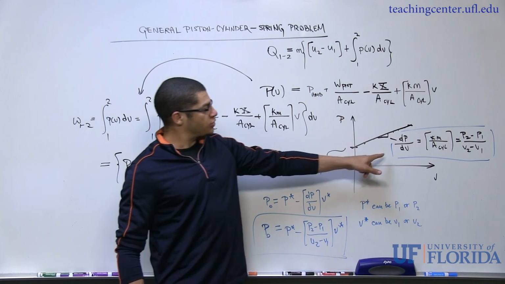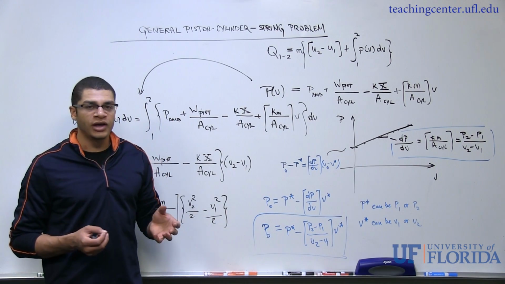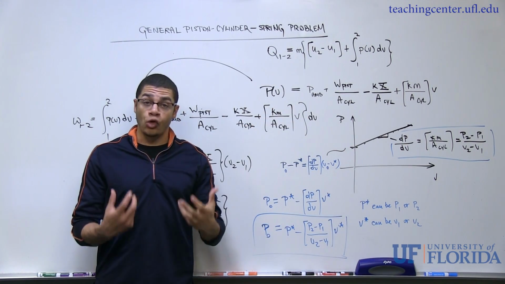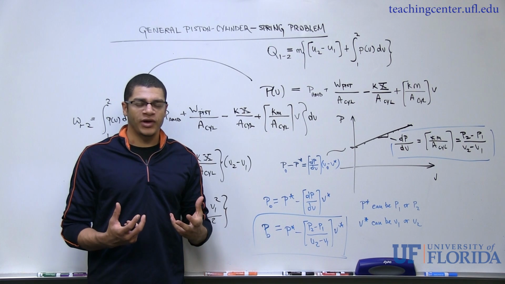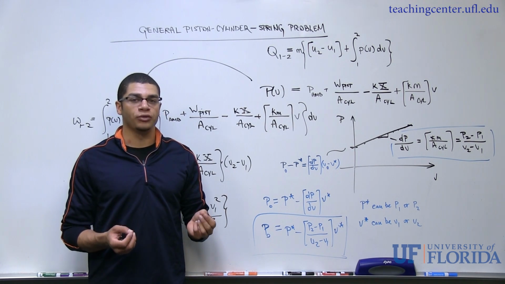Now with both of these quantities known in terms of purely thermodynamic in-state information, I can go on to plug them back into my P of V equation, perform the integration, and then simplify to get an expression that will work if only thermodynamic information is known.